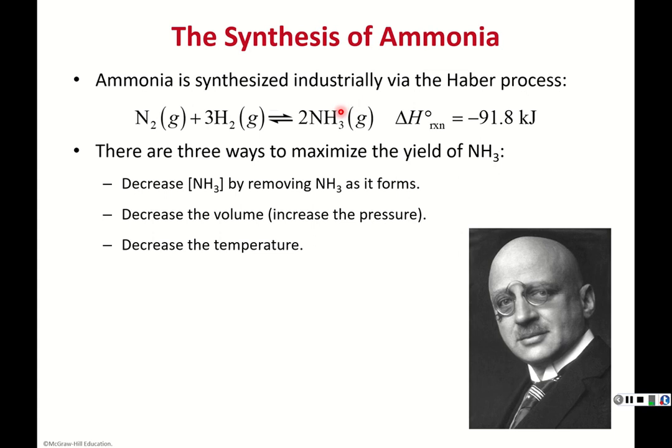And I'm sure this reaction was known before Fritz Haber developed it. But what he did was he thought, okay, how can I use Le Chatelier's principle and equilibrium to maximize the production of the ammonia? And you can do that by removing NH3.